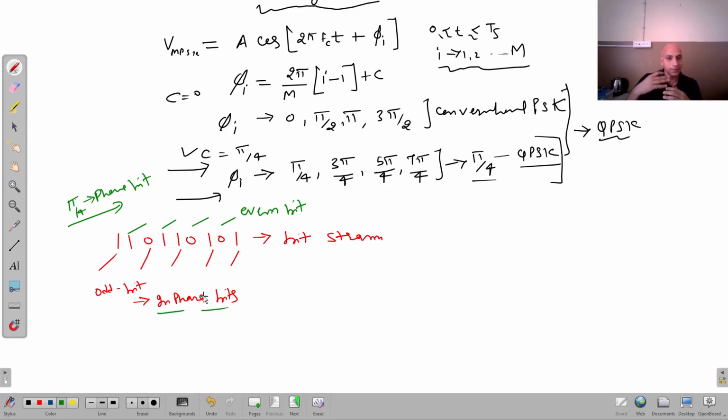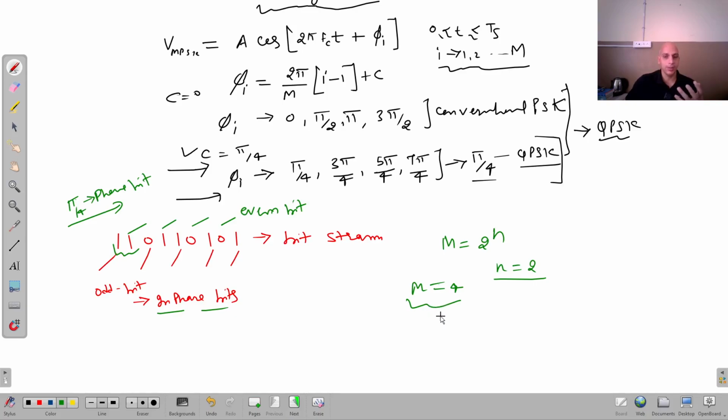So the first thing in this QPSK modulation is to separate even bits and odd bits, and the odd bits will be taken as in phase bits, whereas the even bits will be taken as pi by 4 or quadrature phase bits, right? Then when we take two bits, we know M is equal to 2 raised to power n. Now if I take n equal to 2, means we are taking the combination of two bits, so M will become 4, right? I mean, I will have 4 different levels.